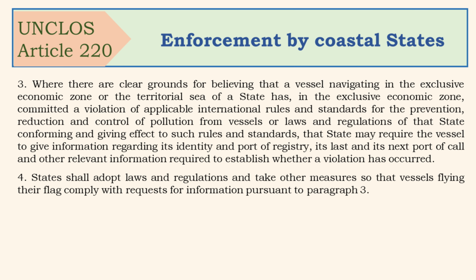3. Where there are clear grounds for believing that a vessel navigating in the exclusive economic zone, or the territorial sea of a state has, in the exclusive economic zone, committed a violation of applicable international rules and standards for the prevention, reduction and control of pollution from vessels or laws and regulations of that state conforming and giving effect to such rules and standards, that state may require the vessel to give information regarding its identity and port of registry, its last and its next port of call, and other relevant information required to establish whether a violation has occurred. 4.